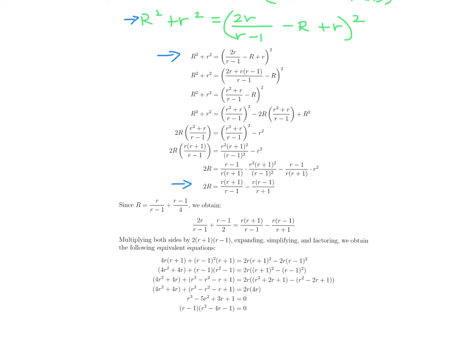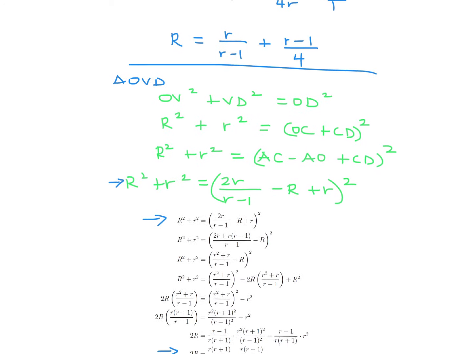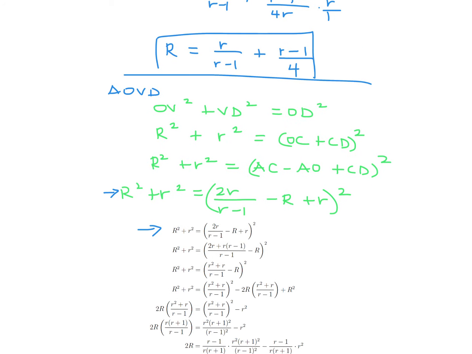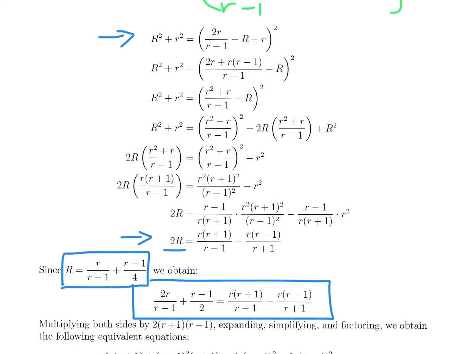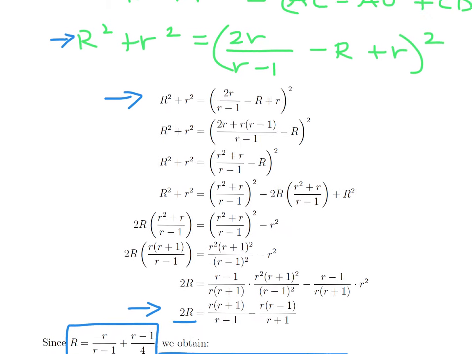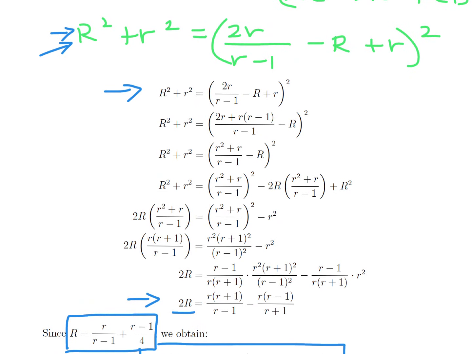And then remember, R, I had figured out was this. So once you get down to there, this 2R, you substitute our finding, and then we get this guy. So let me blow that up here. So let me just explain this. So I had come to this point, right? And that's what this is.